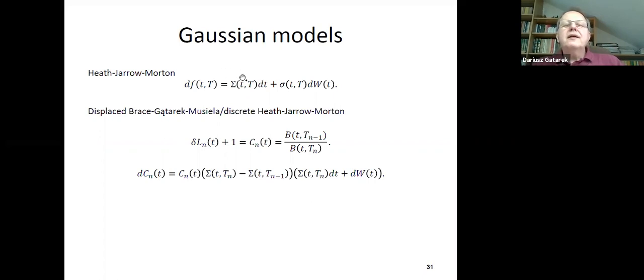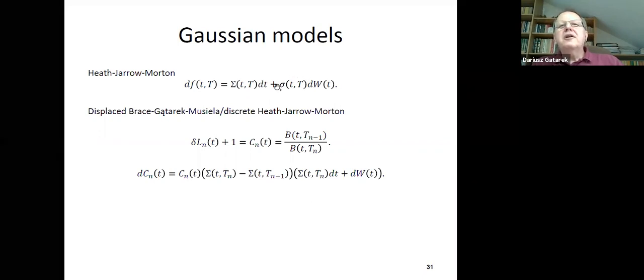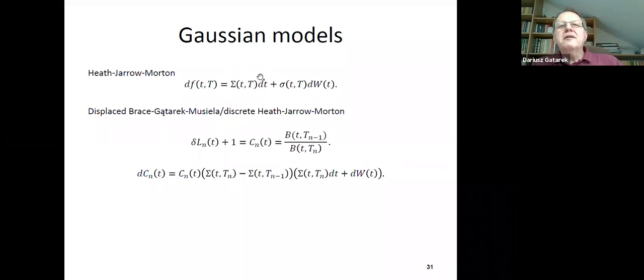And what does it mean in modeling terms? That volatility here is deterministic, and drift here, which is determined by the volatility, but okay, is deterministic as well. This is the average of the random variable, and this is the standard deviation.